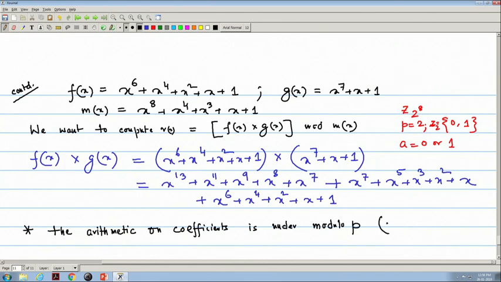Here that means modulo 2, so we will be doing mod 2 addition and multiplication.